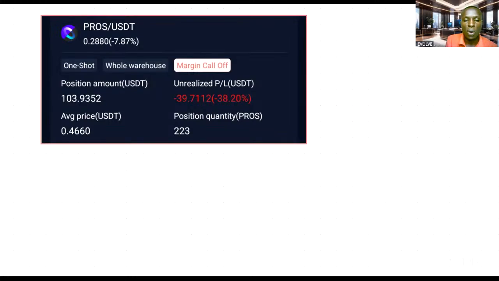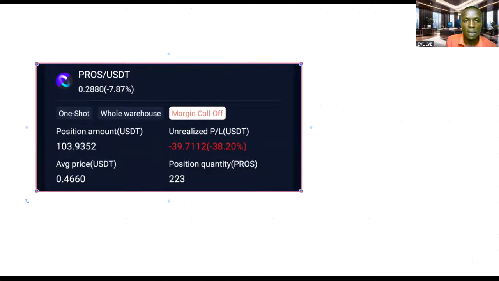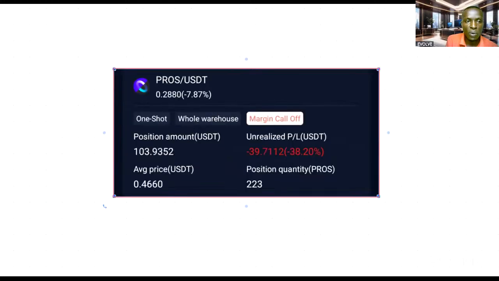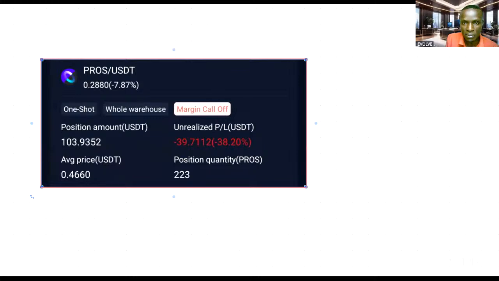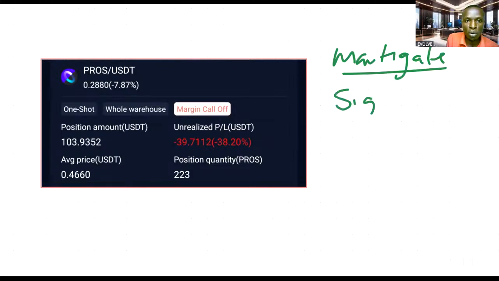So I'm going to show you a practical lesson. This is PLUS. Guys, I'm going to be vulnerable with you for the sake of educating you. Even after I learned this principle of martingale some time back, they sent a signal on the groups, and this signal was for PLUS.